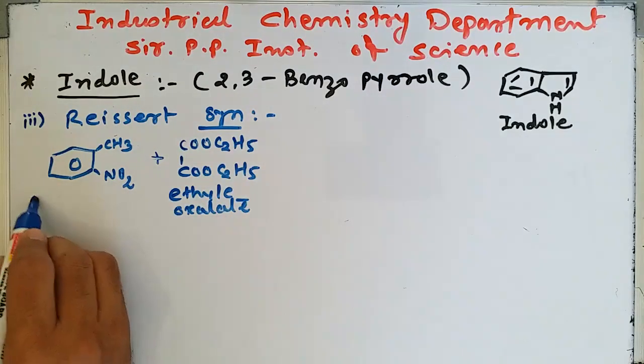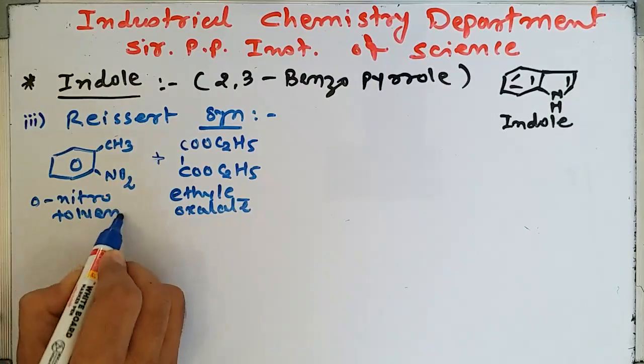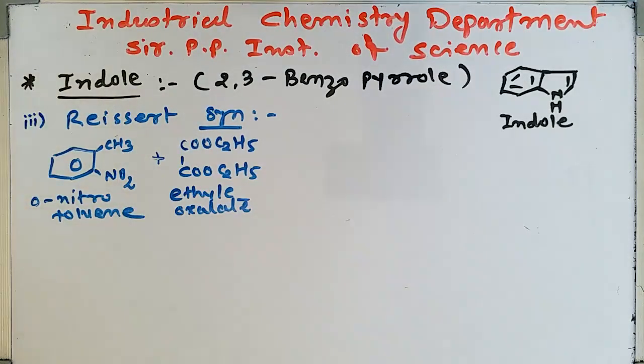The starting materials for indole are orthonitrotoluene and ethyl oxalate.